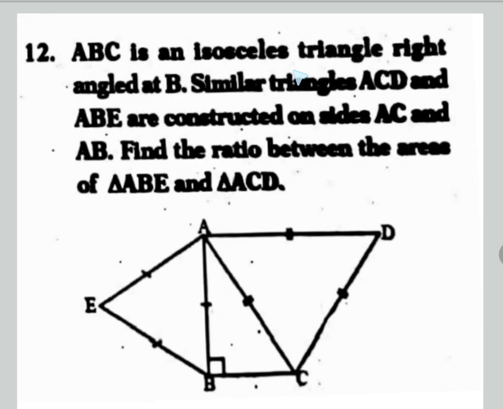ABC is an isosceles triangle, right angled at B. This is triangle ABC, right angle at B. Similar triangles ACD and ABE are constructed on sides AC and AB.